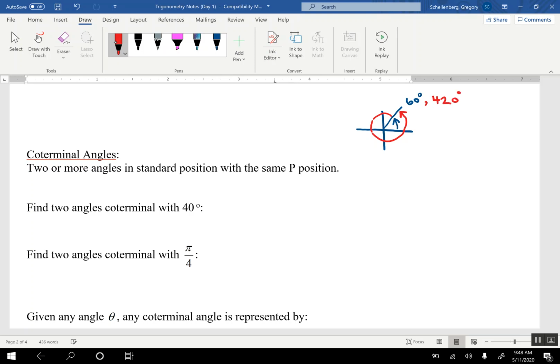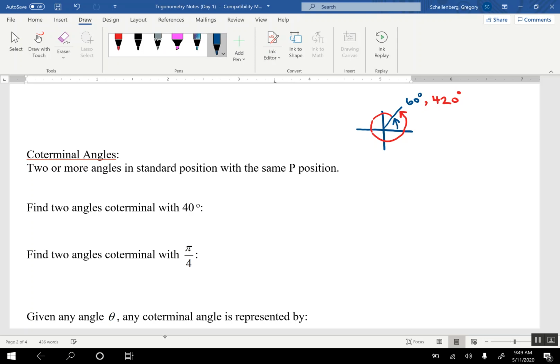Okay, so both of those angles have the exact same standard position, and so that's the idea of a coterminal angle. And one of the neat things about coterminal angles is they share all of the exact same trigonometric properties. So if we were to take the sine of 60 degrees or the sine of 420 degrees, we're going to get the exact same thing.